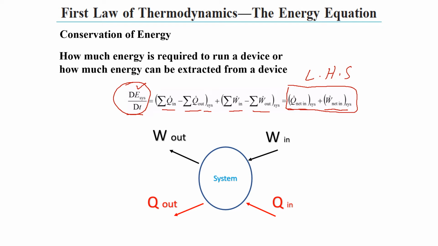Now moving forward, we will see what our extensive properties will be, what our intensive properties will be. The extensive property in this case is obviously energy, but what are those energies and the different forms of those energies, how will heat be added to the system, what type of work we are talking about. We will talk about all these terms in the next slide. So let's move on.